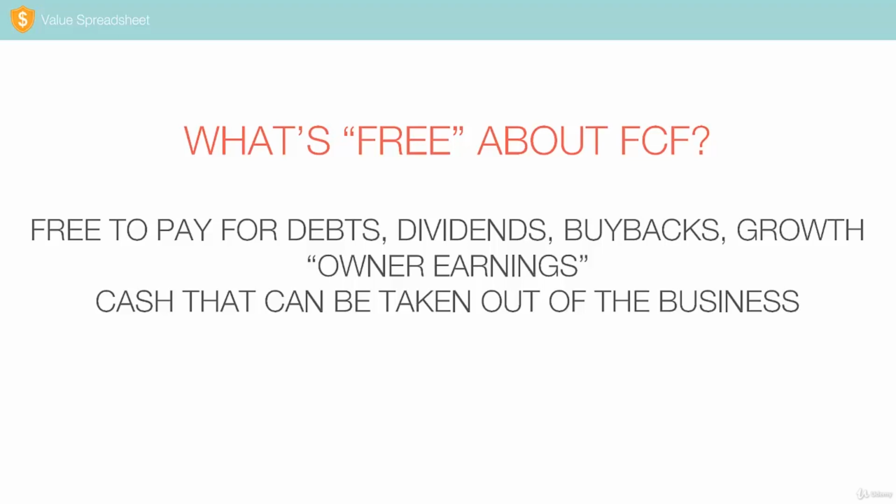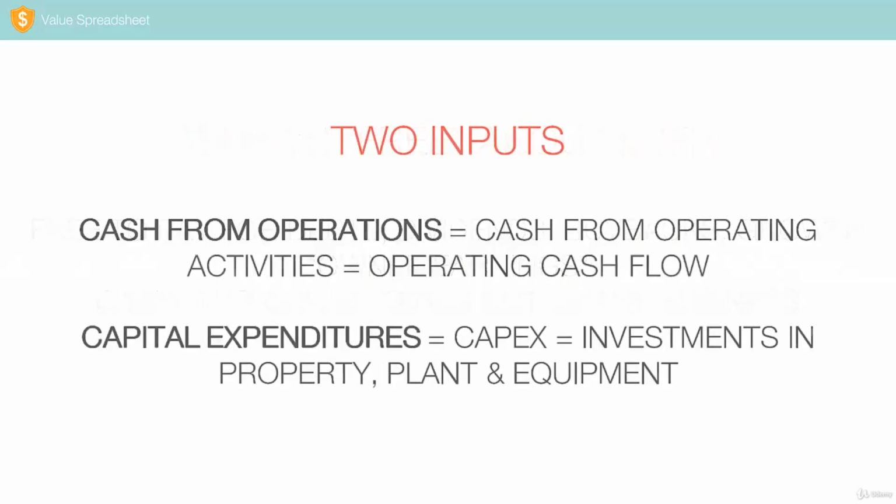So where can you find this magical free cash flow figure? The thing is that companies are not required to report free cash flow on their financial statements, so you'll have to calculate it yourself. Fortunately, this is pretty easy. All you need are two inputs from the cash flow statement.